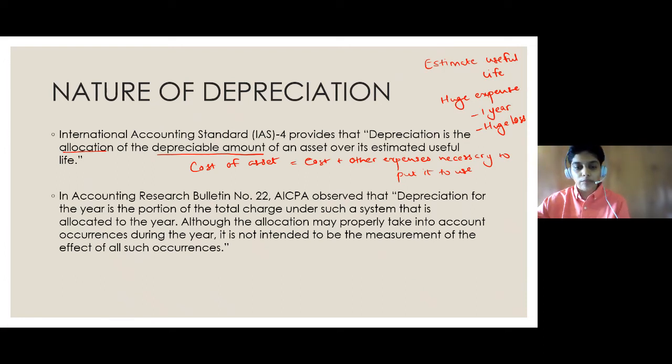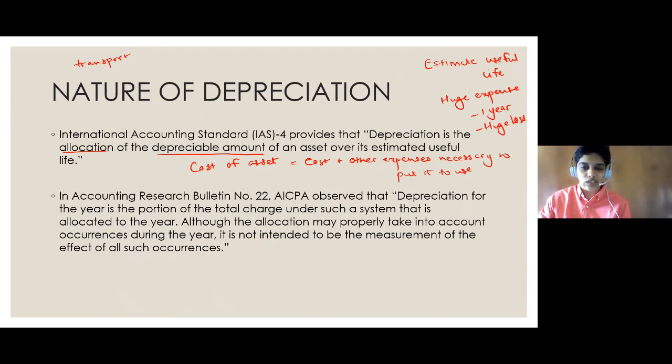For example, if I buy a machinery for the purpose of producing my goods. Now, this machinery is at a place where it is either manufactured or sold. It is not at my location. So I need to spend a certain amount to transport this machinery.